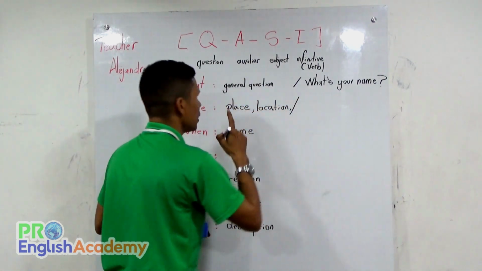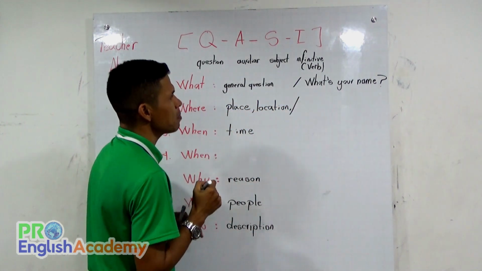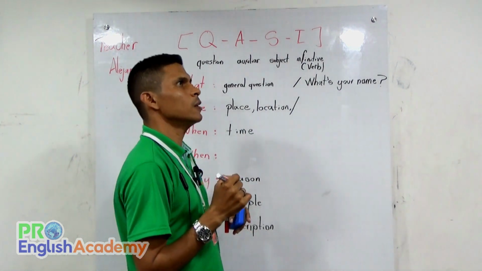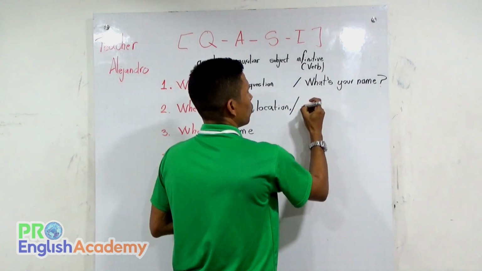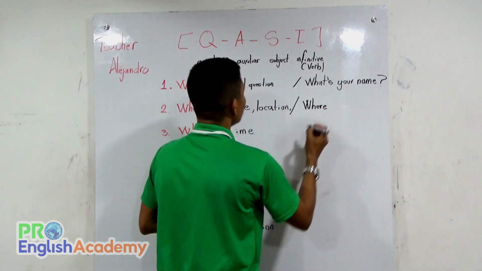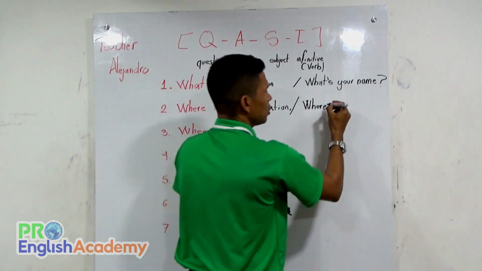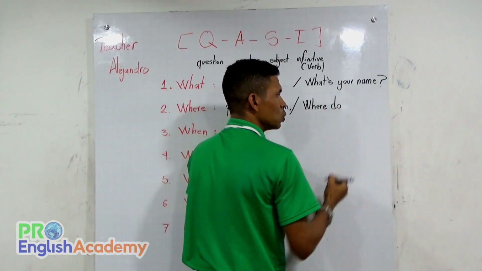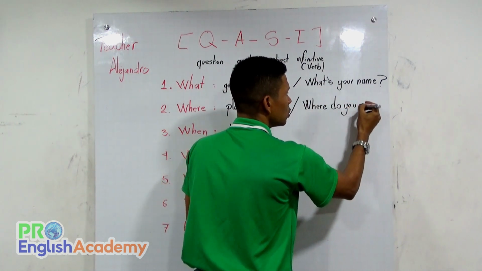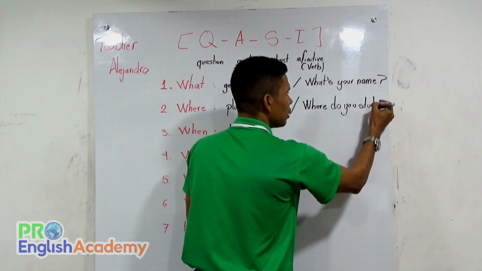Let's do this. Following where, the auxiliary of the simple present, do. Then the subject: where do you study?